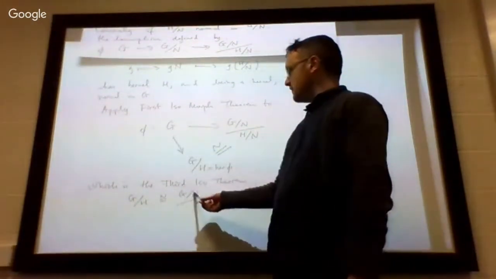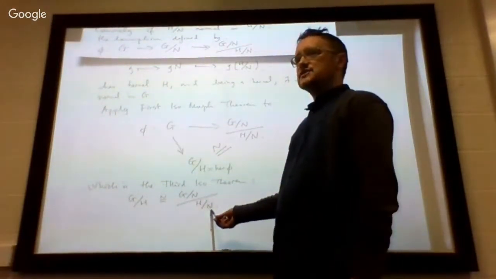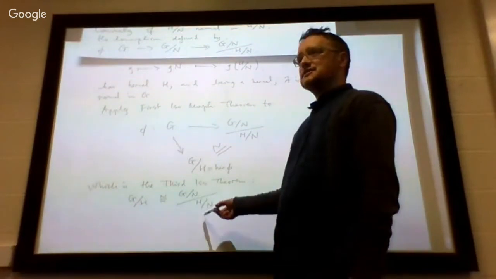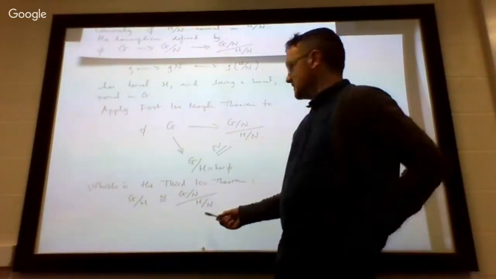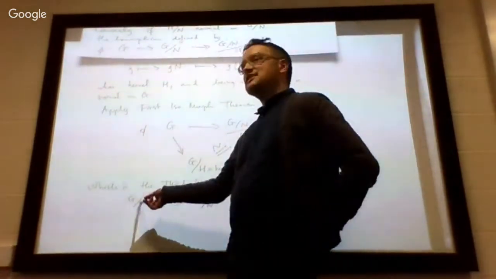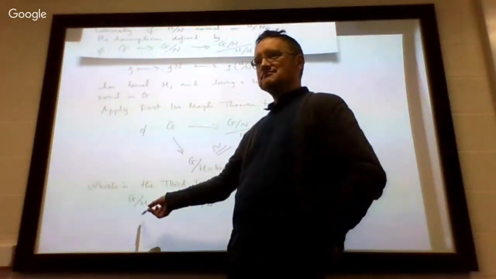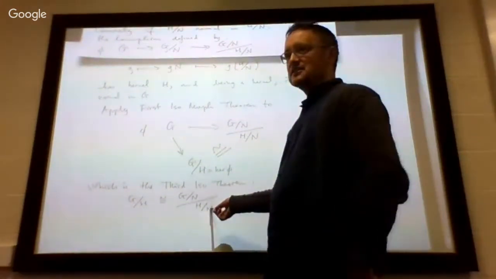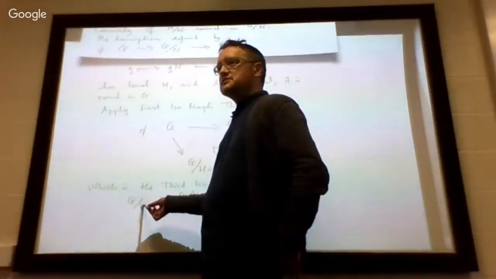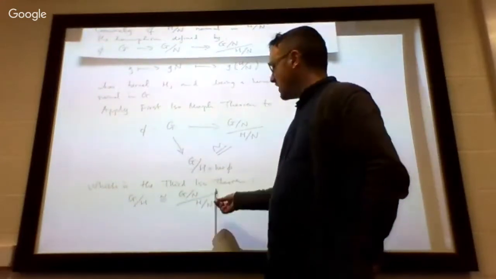If I have 5 halves divided by 3 halves, the halves cancel out, and it's just 5 over 3, right? So this would be something you'd be tempted to do. If I'm dividing G by n, and dividing that by H divided by n, surely the result is G divided by H. And so that's why it's safe.